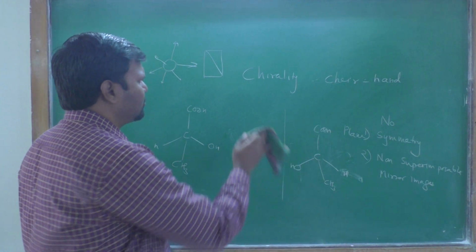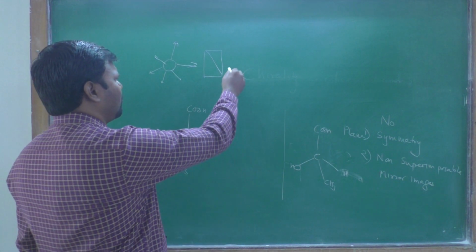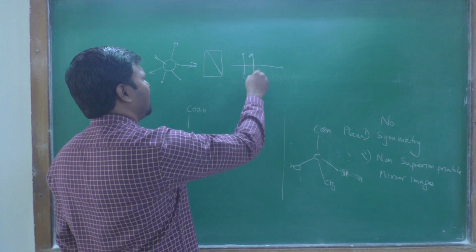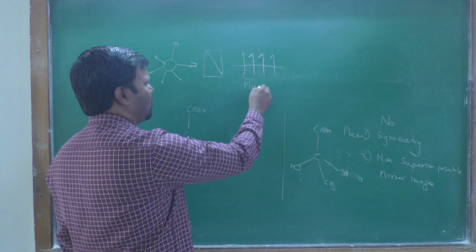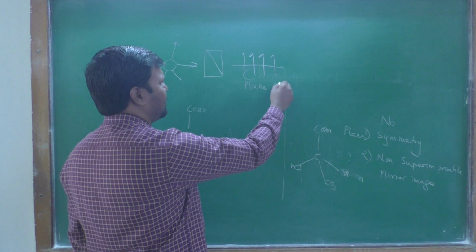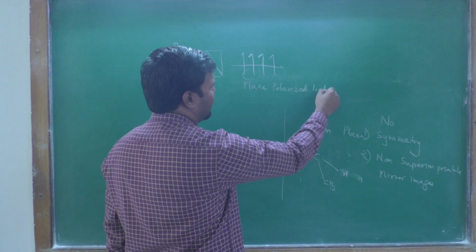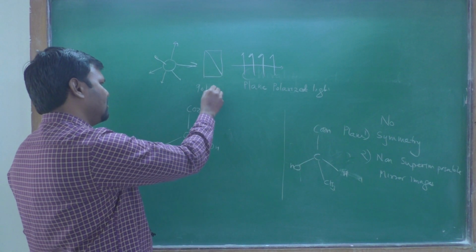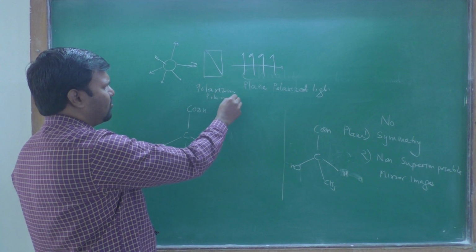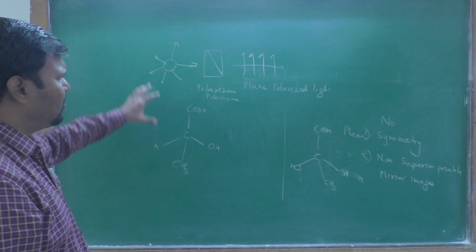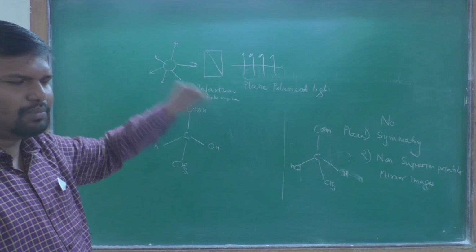That single direction vibration of light is called plane polarized light, and the nicol prism is called the polarizer. When ordinary light vibrating in all directions passes through the nicol prism, it gives plane polarized light.